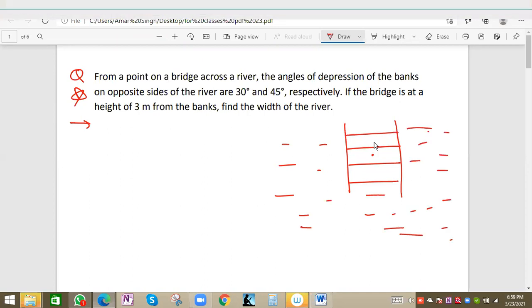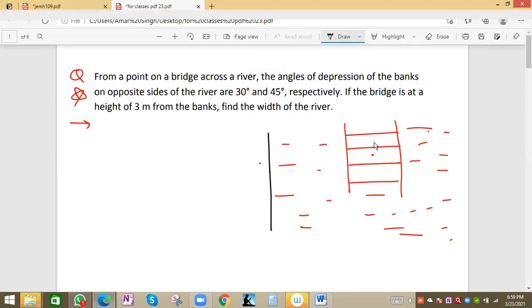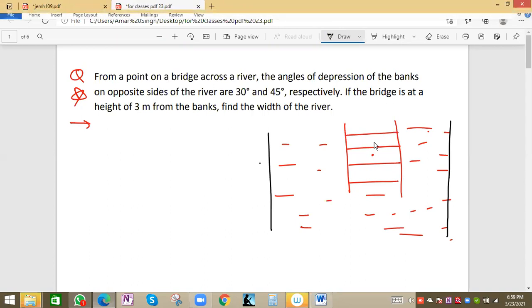The bank of the river, meaning the edge of the river, goes till here and here, and the bridge will be at some height above the river. So from this point, we have two positions of the bank.